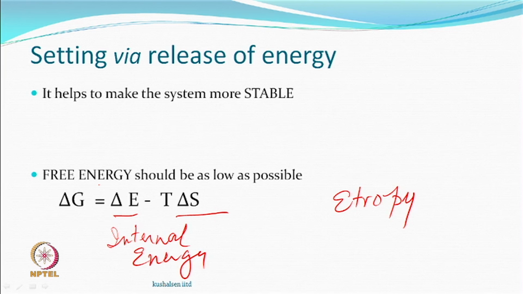Then there is the other component which is called the entropy. The entropy must increase. Whatever thing happens, randomization is preferred. That is the thermodynamic part of it.